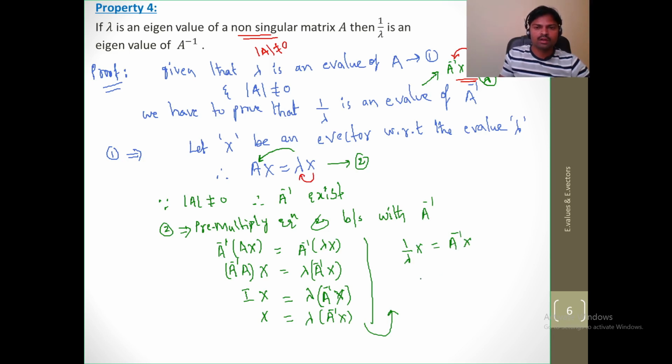Rewrite the equation as A inverse x is equal to 1 by lambda into x. I got the required equation. Now I can say that 1 by lambda is an eigenvalue of A inverse. So the conclusion is 1 by lambda is an eigenvalue of A inverse. That's it. Clear?